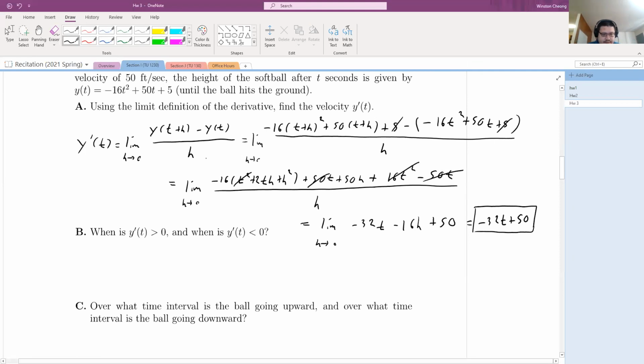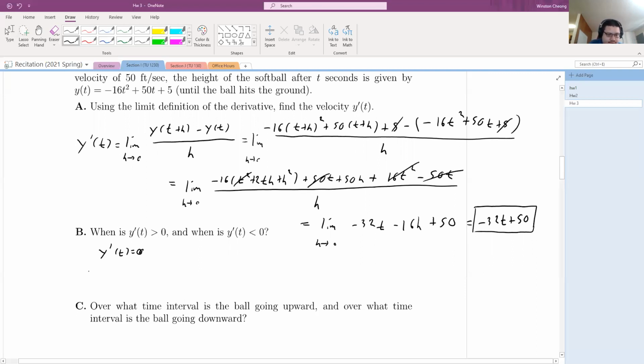First you start by solving y prime of t equals 0. This gives you place marks that you put on your number line, and you divide your number line into intervals, and then you can test those intervals to determine when it is greater than and when it is less than. Because y prime equaling 0 is going to serve as the places where it transitions from being greater than to being less than.